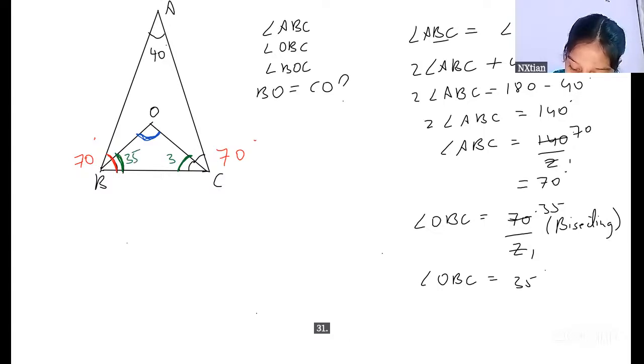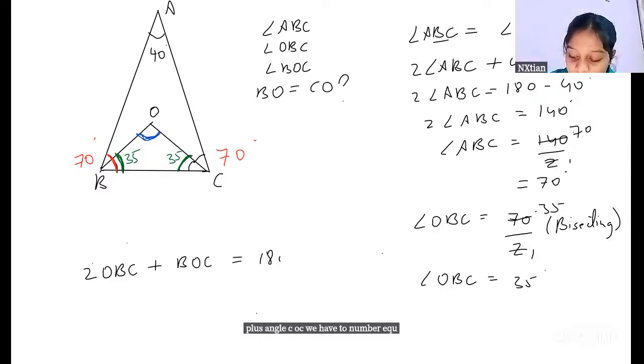So 2 OBC plus BOC equals 180. 35 and 35, both. So we can do 2 OBC plus angle BOC equals 180 degrees. BOC we have to find out.